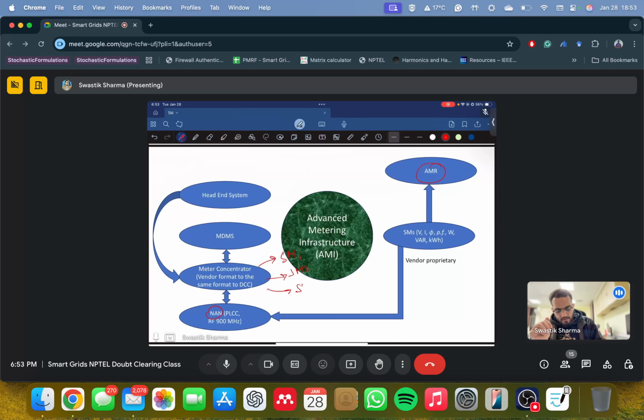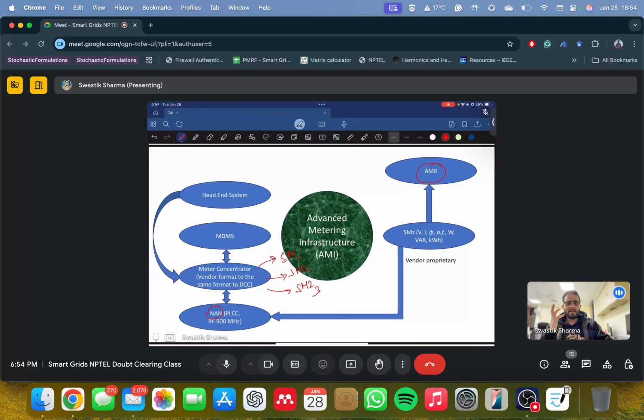They are concentrated there, and then sent to a meter data management system, right? These manage the database of all the measurements that these smart meters have provided till date. The meter data concentrator is responsible for communication between your smart meters and your meter data management system.